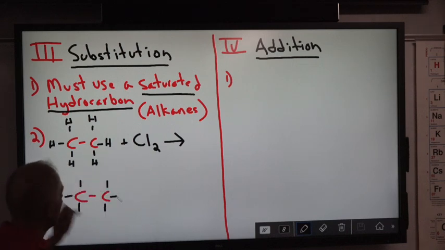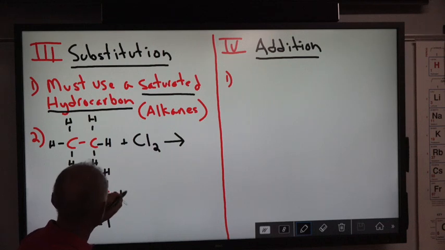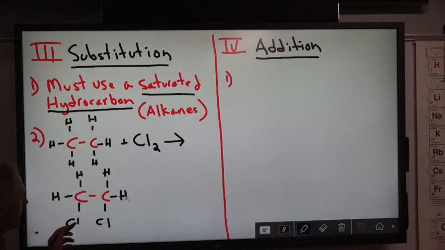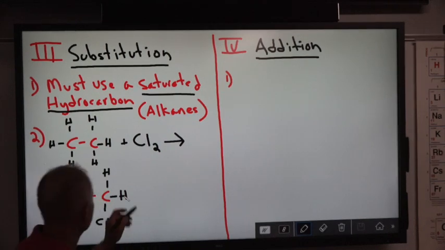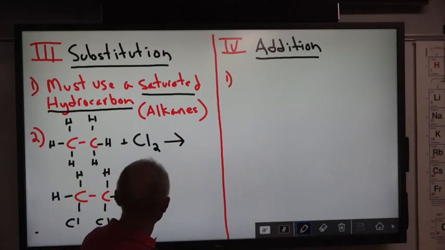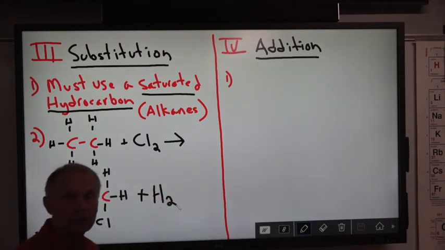But instead of all the hydrogens, I'd get two chlorines. And then we substituted the two chlorines in, we have to get two hydrogens out. So that is called substitution.